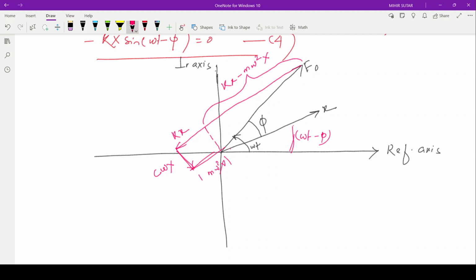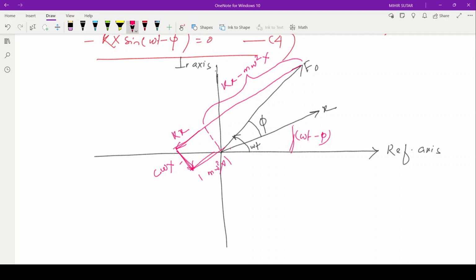Now again we have another component, that is minus c omega x sine omega t minus pi by 2. So at an angular displacement of pi by 2 from this kx vector we have c omega x. So that's why this c omega x is at 90 degrees to this kx line.